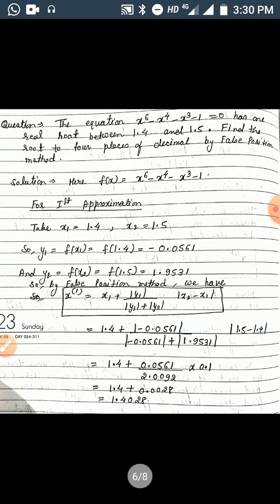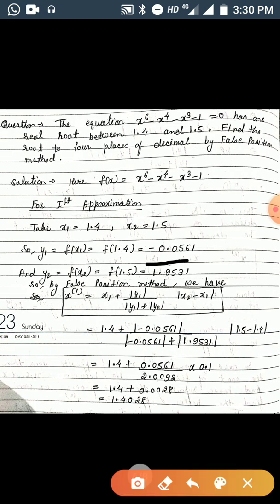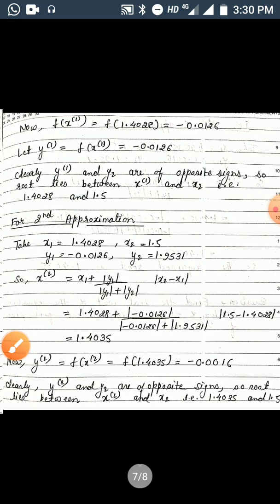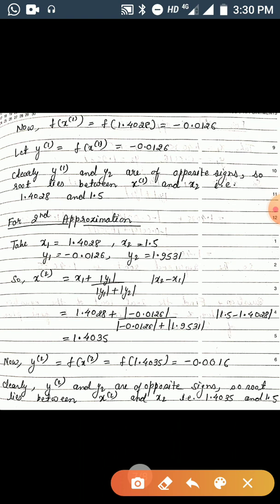So here y1 is minus 0.0561 and y2 is 1.9531. y superscript (1) is negative, so we can see that y superscript (1) and y2 are of opposite signs.